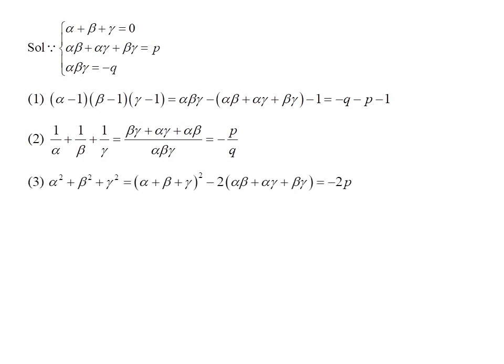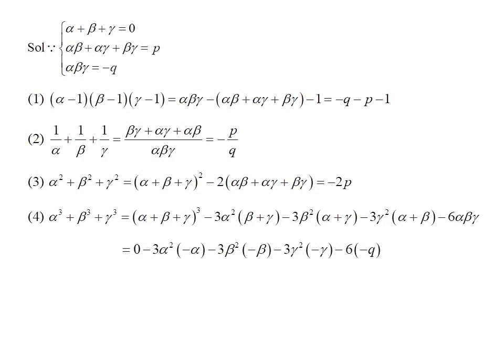As for question 3, we transform the sum of alpha squared, beta squared, and gamma squared into the squared sum of alpha, beta, and gamma minus 2 times the sum of alpha beta, alpha gamma, and beta gamma, which equals negative 2p.